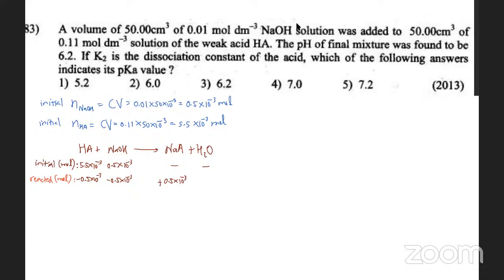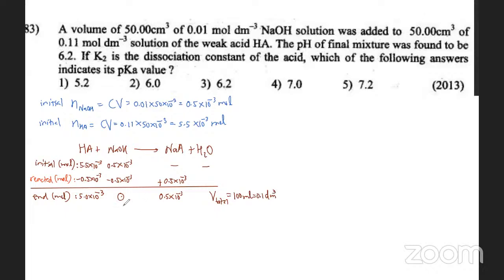So at the end, the concentrations are important. After the reaction is over, we will have 5 times 10 to the power minus 3 moles of HA, no moles of NaOH, 0.5 times 10 to the power minus 3 moles of NaA, and a total volume of 100 milliliter in the solution, which is 0.1 dm³.